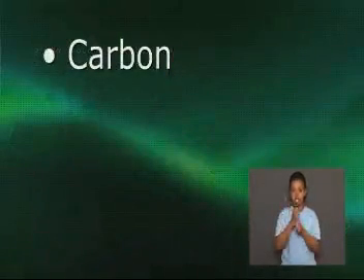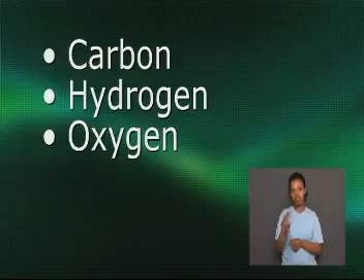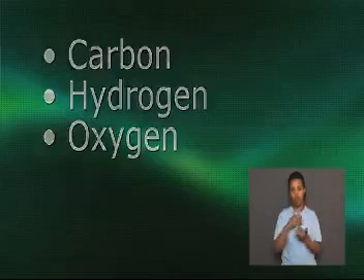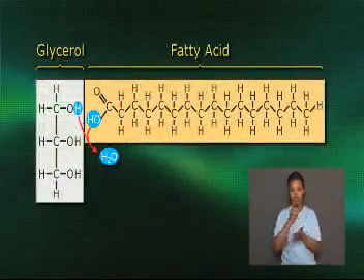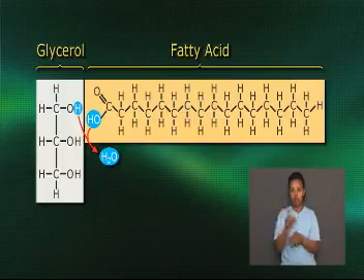Like carbohydrates, lipids are made from carbon, hydrogen, and oxygen. However, there is much less oxygen in lipids than in carbohydrates. Lipids are made up of a combination of two types of organic chemicals, glycerol and fatty acids.